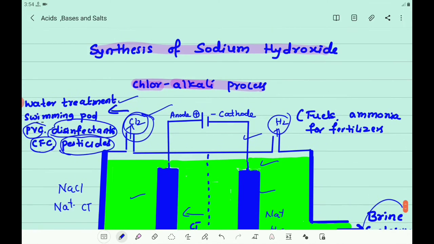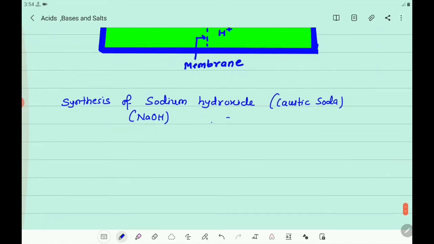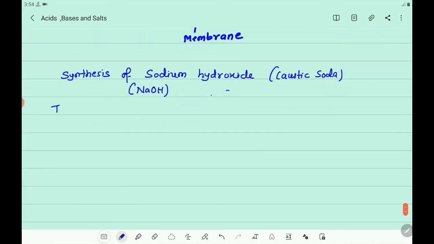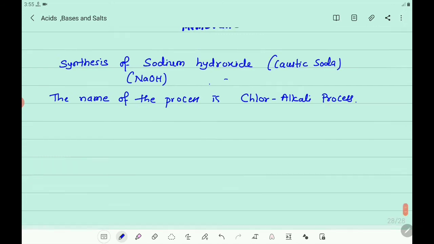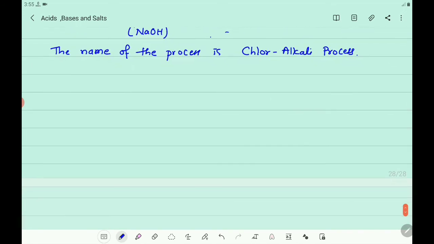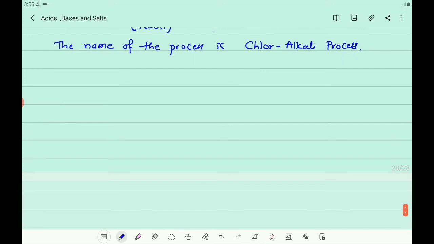The name of the process of preparation of sodium hydroxide is the chlor-alkali process. In this process, electrolysis of an aqueous solution of sodium chloride is done.